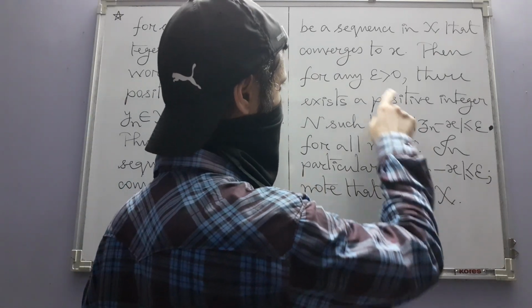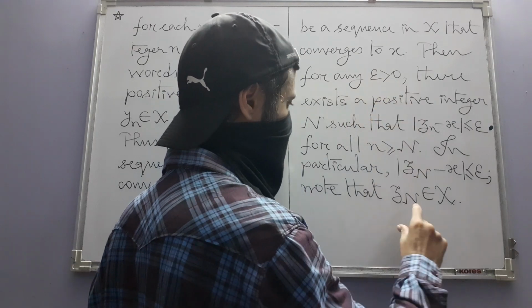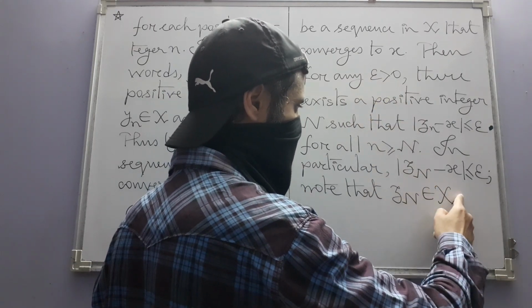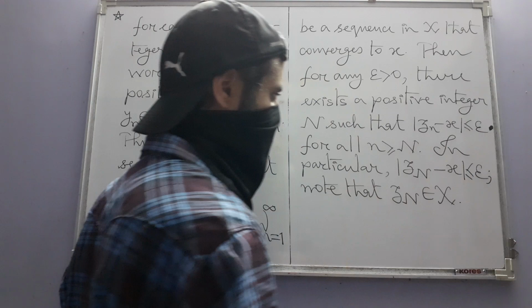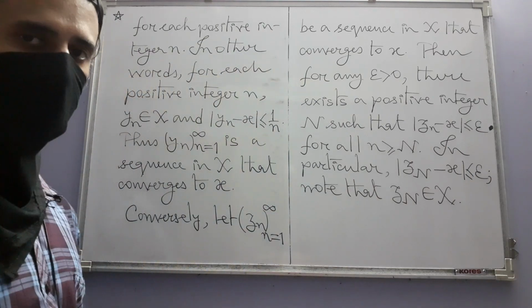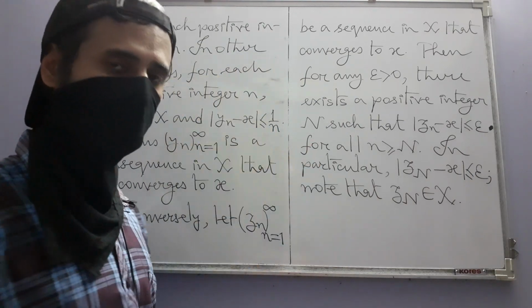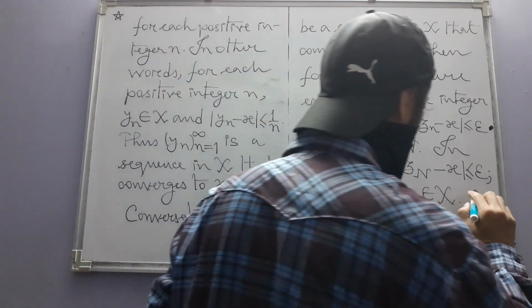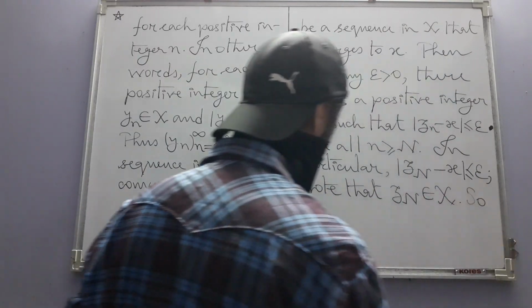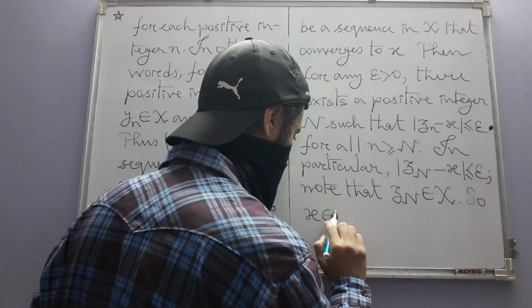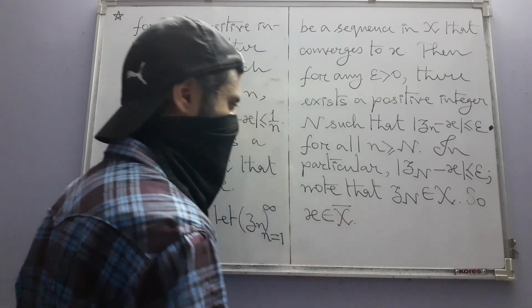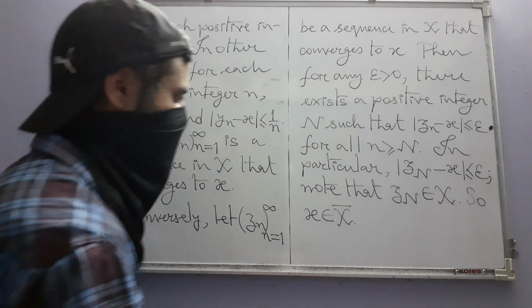We have shown that for any epsilon greater than 0, there is an element in X that is epsilon close to small x. So that simply says that small x is an adherent point of capital X. That is, it belongs to the closure of X. So that completes the proof.